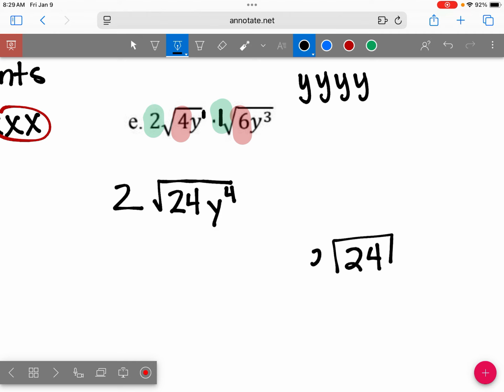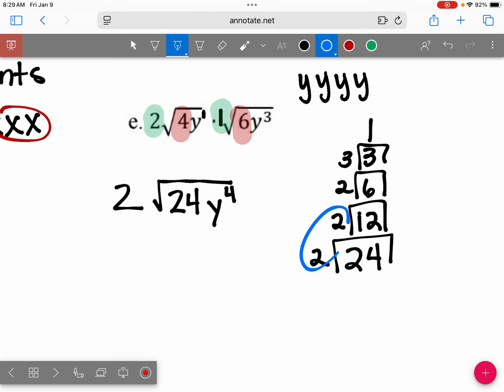Okay, so 2 can go into 24 12 times. 2 can go into 12 6 times. 2 can go into 6 3 times. 3 can go into 3 1 time. So we got our candle. So we can bring out a 2. So there's already a 2 out there. And I'm bringing out another 2. That's going to come out.